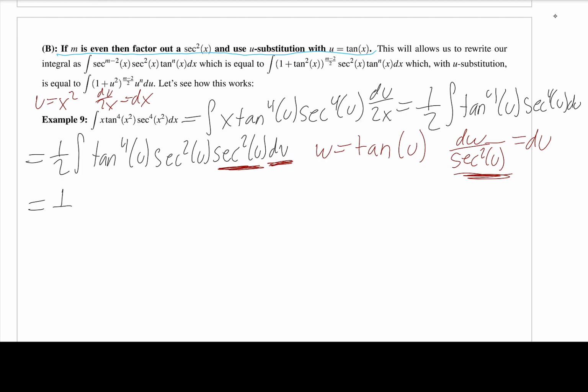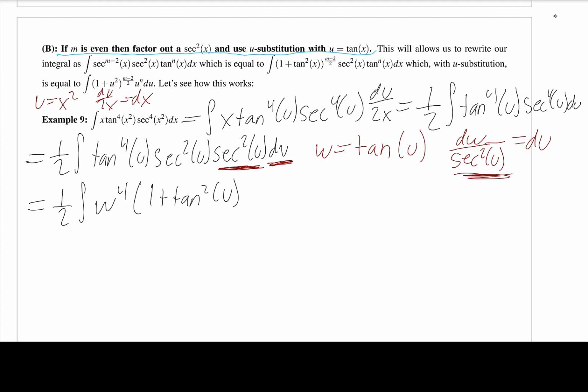So this is 1/2 times the integral of tan to the fourth of u, that's w to the fourth. Secant squared of u is the same thing as 1 plus tan squared of u.